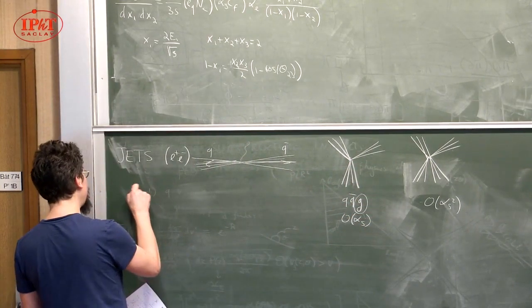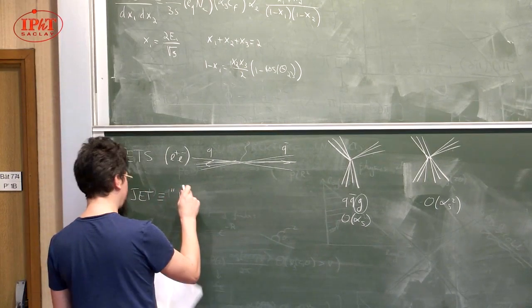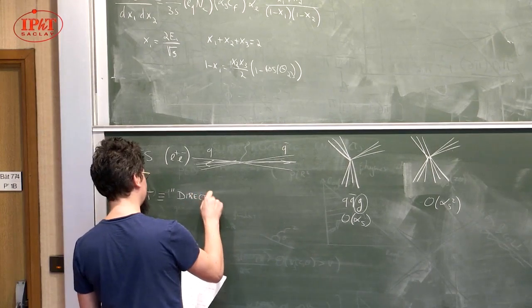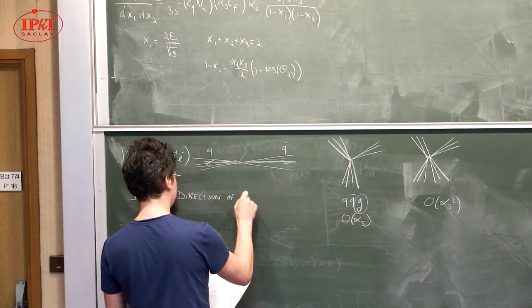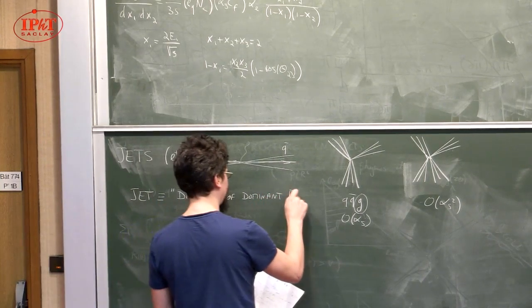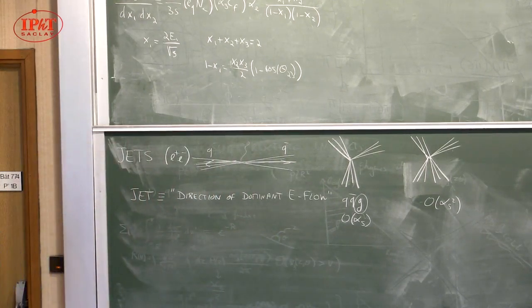And so that's really the idea behind a jet. You would say a jet is literally a direction of dominant energy flow in your event. And that's genuinely the conceptual idea.